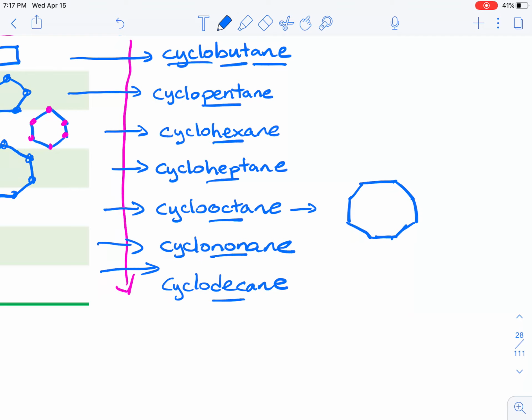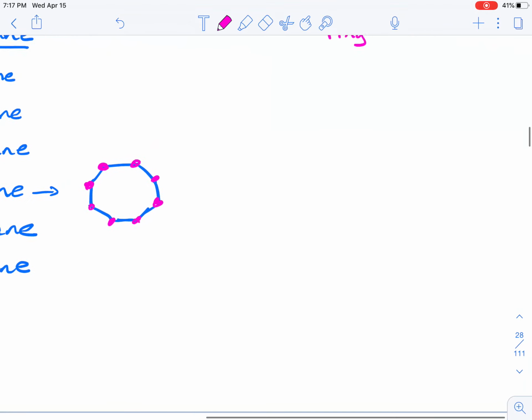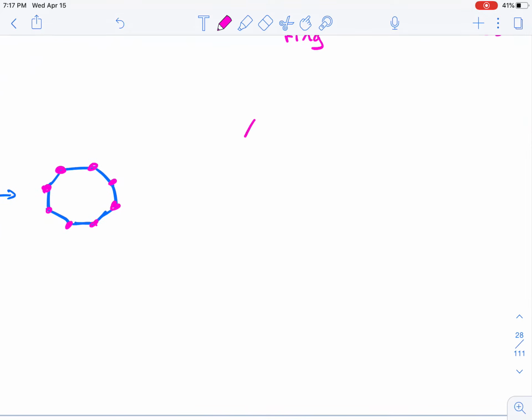Anyways, and so as you can see, as you add more and more vertices, 1, 2, 3, 4, 5, 6, 7, 8, it's going to start looking like a circle if you draw it very small. But if I were to draw it larger, I shouldn't have that issue. Okay. All right, so that's our cyclooctane.